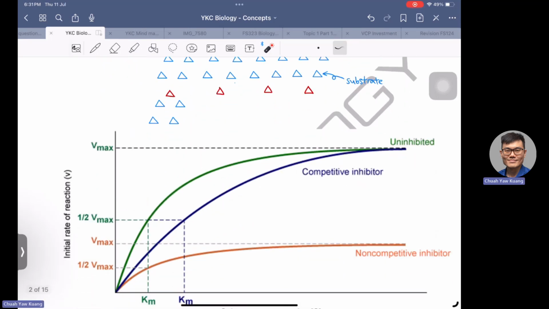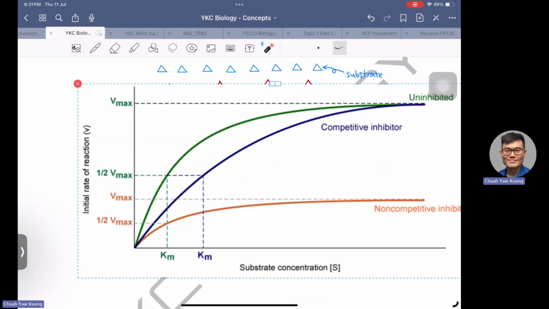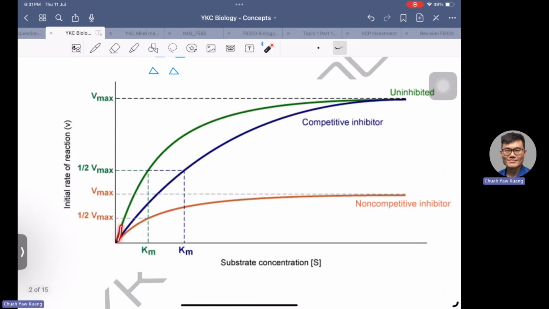That is what we can see in the graph here. When it is uninhibited, the Km is lower. In order to reach this rate of reaction, you only need a lower concentration of the substrate.